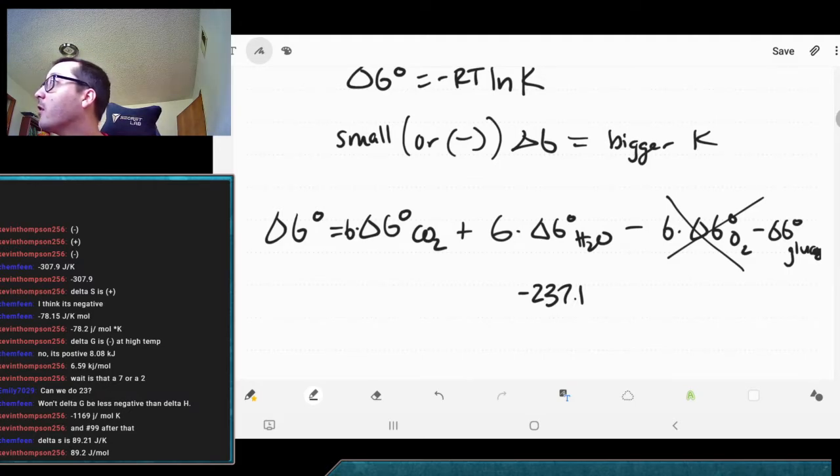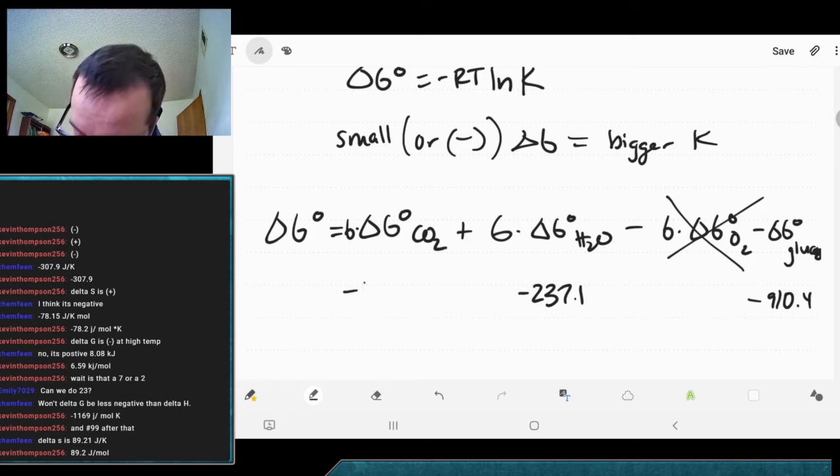Our other two compounds are carbon-based, so let's look those up. It looks like glucose is negative 910.4, and carbon dioxide gas is negative 394.4.